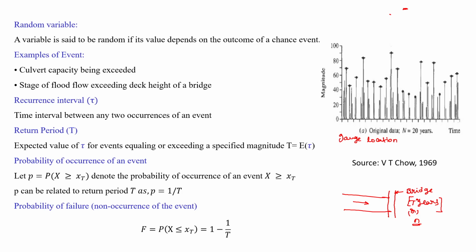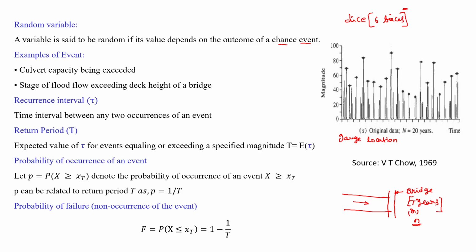Now I'll talk about what a random variable is, and how we can calculate the return period and so on. A variable is said to be random if its value depends upon the outcome of a chance event. For example, you have a coin or a dice. A dice has six faces.